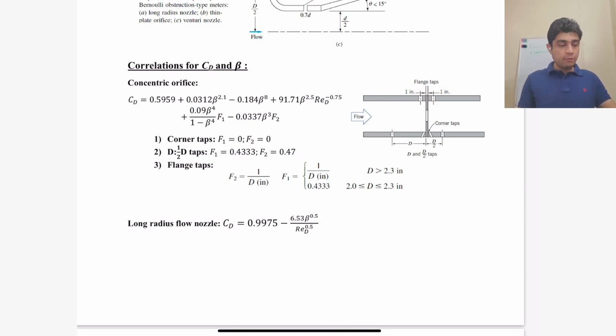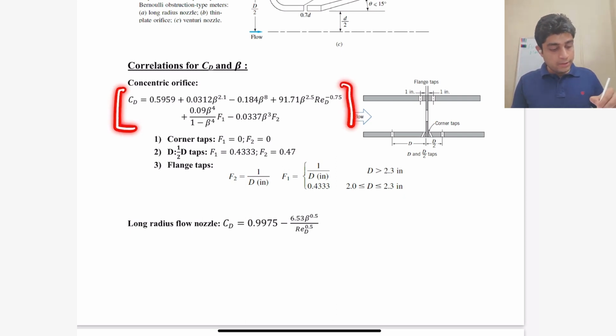Now, for these standard designs, multiple experiments are already conducted, and from those experiments, manufacturers have found out the coefficient of discharge and how it depends on the geometrical ratio beta and the upstream Reynolds number.